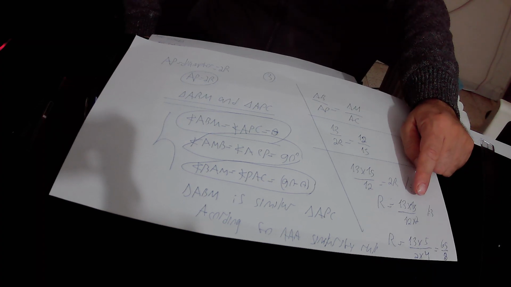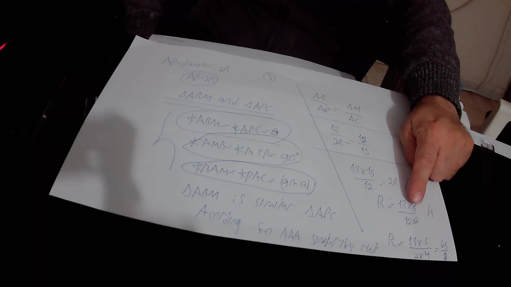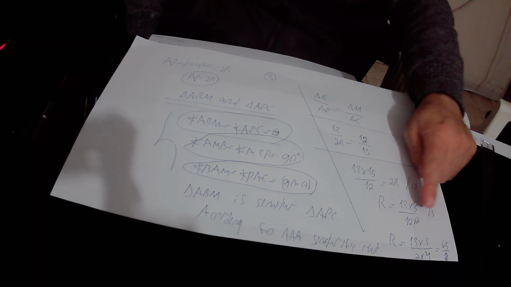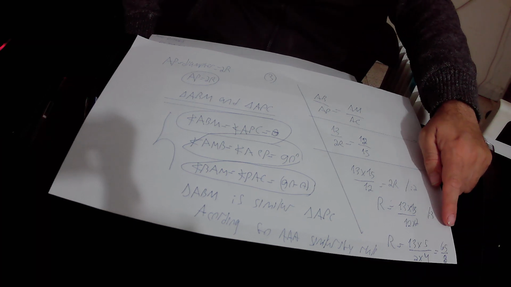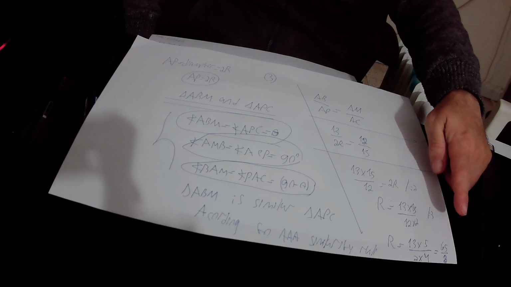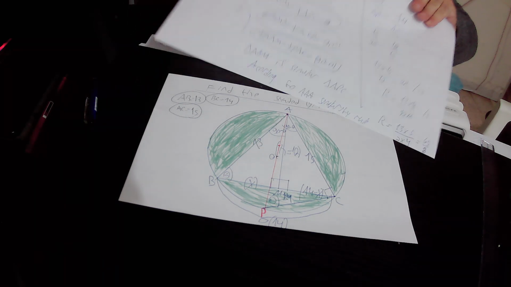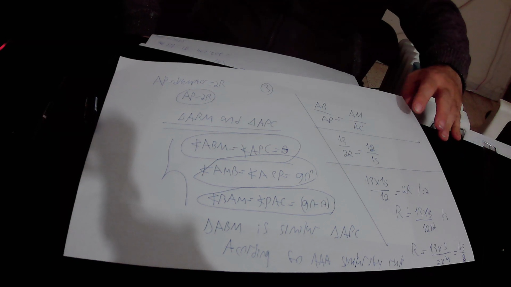We divide the denominator also by 3, so it is 2 times, we divide 12 by 3. 12 over 3 is 4, so in the denominator we are left with 4 times 2. So 13 times 5 is 65, and 4 times 2 is 8. So in total we find that the radius of this circle, capital R, equals 65 over 8 units.